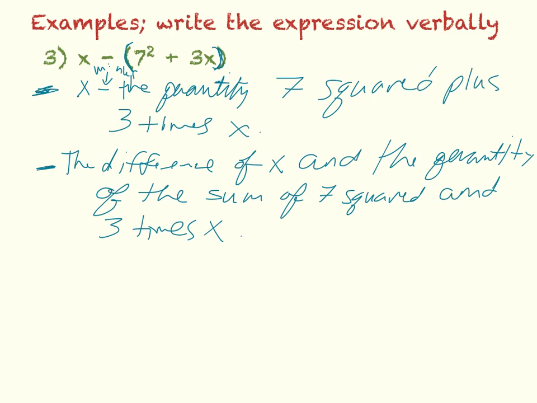There's just so many ways that you can write it. You could also say the same thing except the product of 3 and x at that point. It all means the same thing. So the more numbers and stuff happening, the more you're going to have to write.